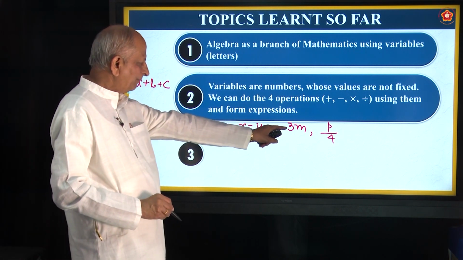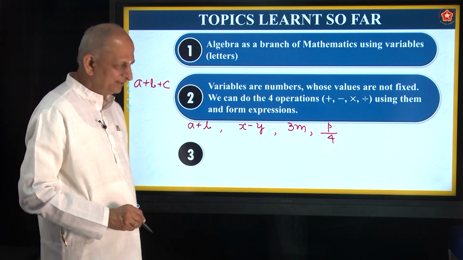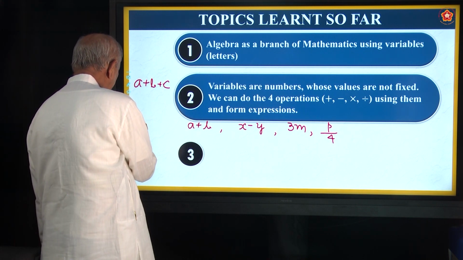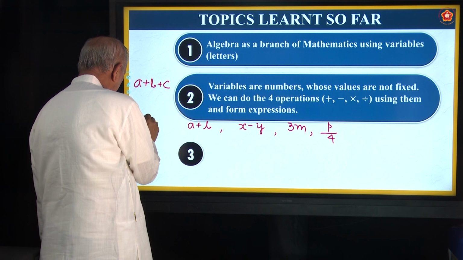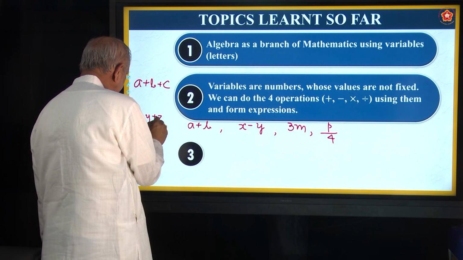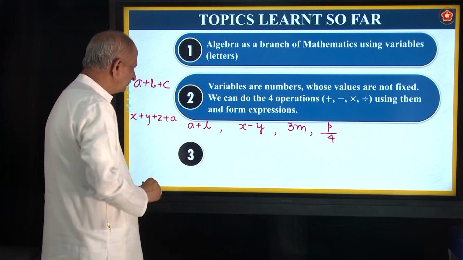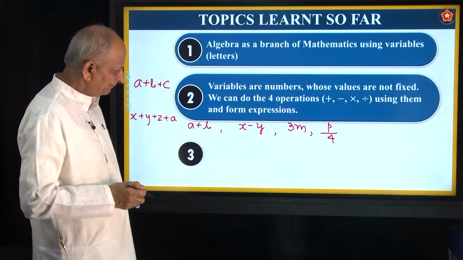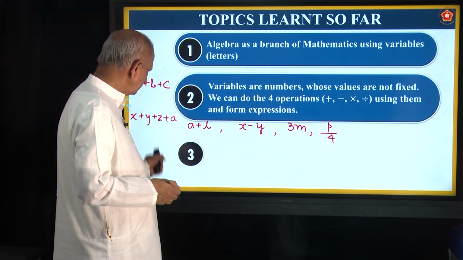And this is called monomial. And suppose you have more than 3, we call it polynomial. Remember? This is what you have studied last year. This is called polynomial, 4 kinds of expressions. Okay. So, note that also.